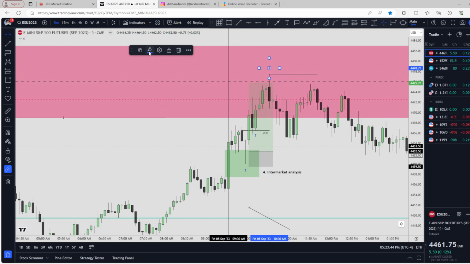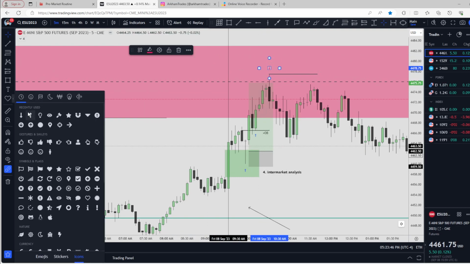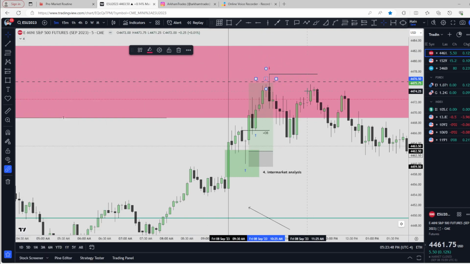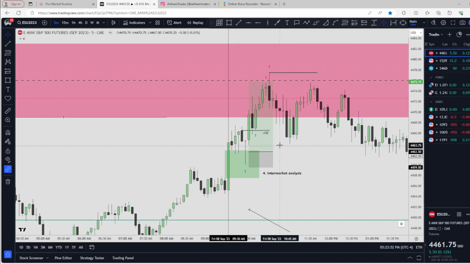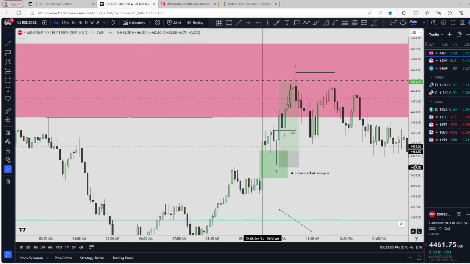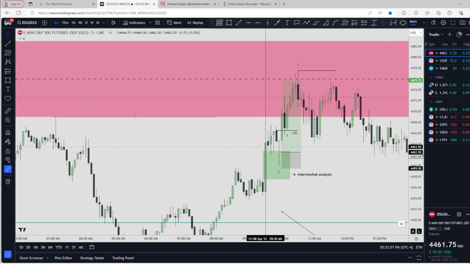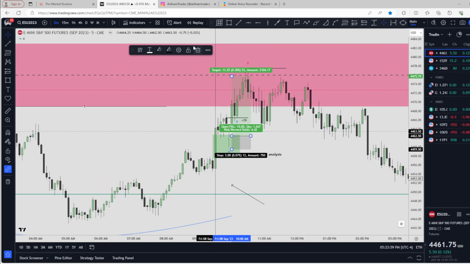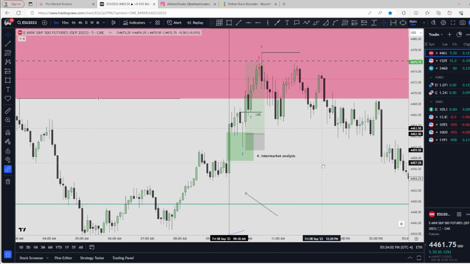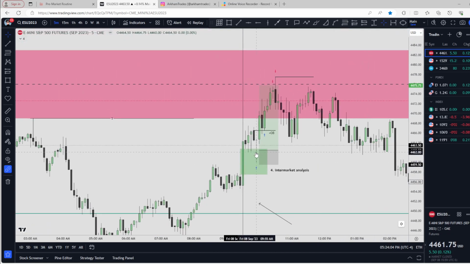About right here, I did scalp off one contract, and I scalped another contract up right here. And that was the overall trade idea from the higher time frames all the way down to lower time frames. Why did I go long here? What made me add on right here, and what made me get out right here?